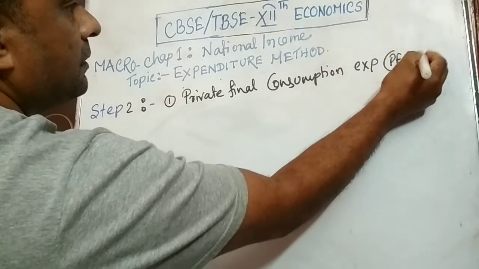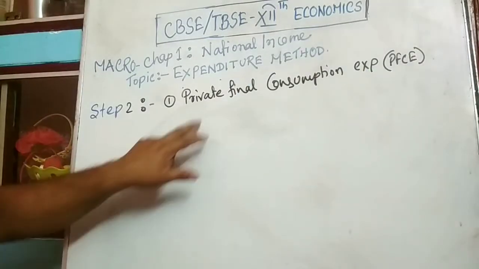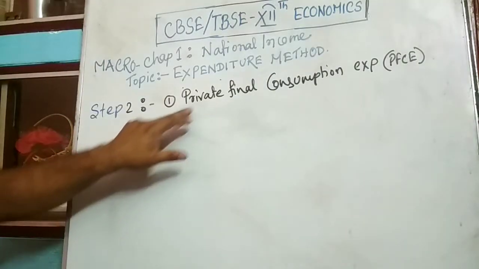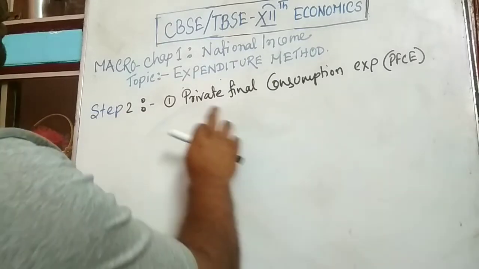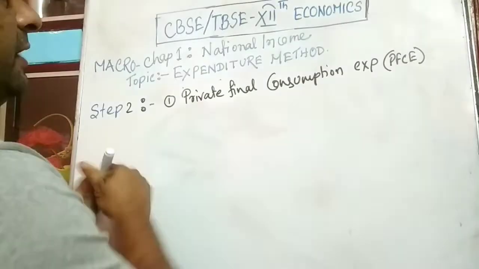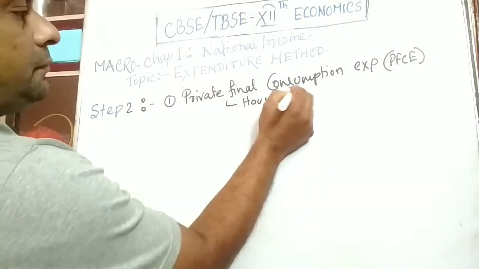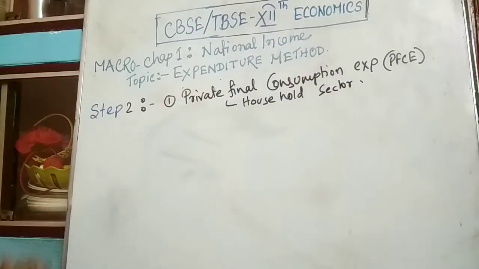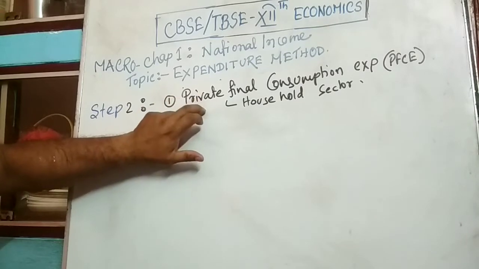Private final consumption expenditure, short form. It means the expenditure made by the household sector of the economy. All the final expenditures made by the household sector come under private final consumption expenditure. This term you will get directly in the question paper.